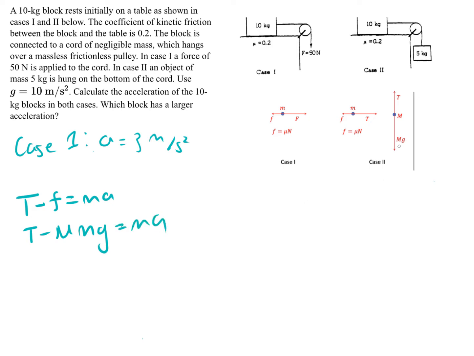And now in the second one, we can derive another equation. We know that the weight of the second object, or its mass times gravity, we're going to say capital M for this one instead of lowercase m. We subtract the tension force from it that's pulling up must equal the mass times acceleration.